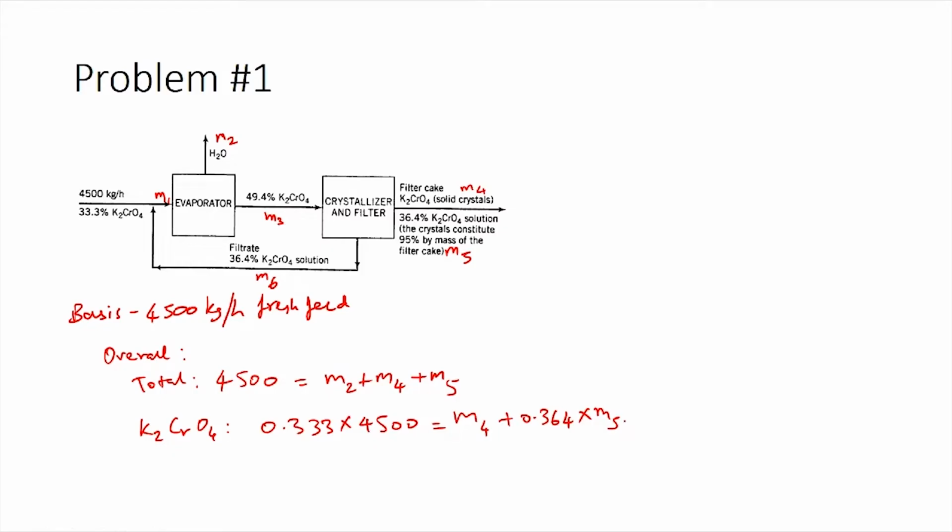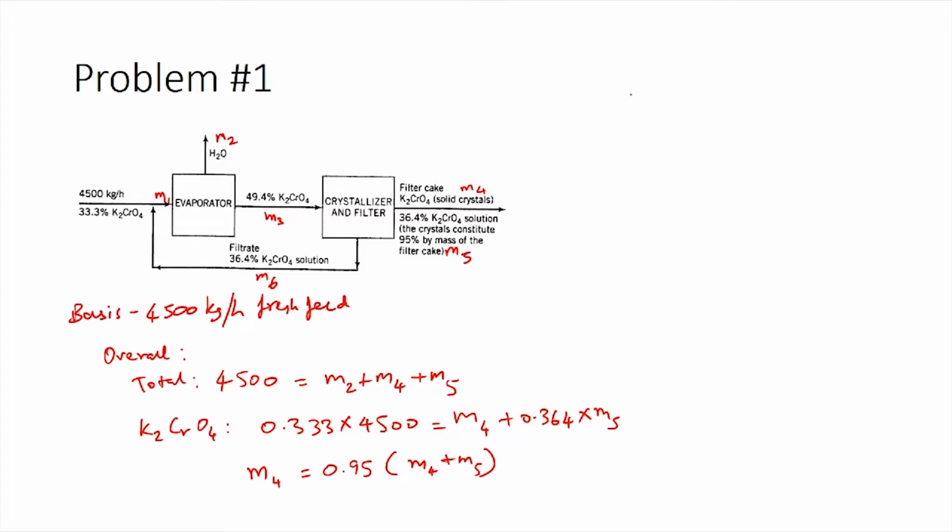It has also been given that 95% of the mass of the filter cake is constituted by the crystals. The problem statement gives you that. This means you have M4 equals 0.95 times (M4 plus M5). Using these two equations, we can calculate the values for M4 and M5.